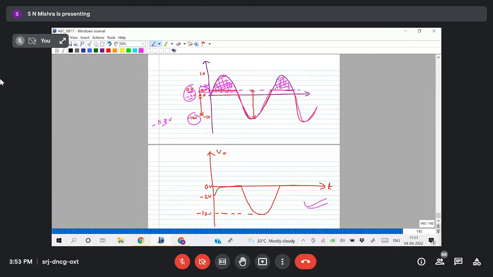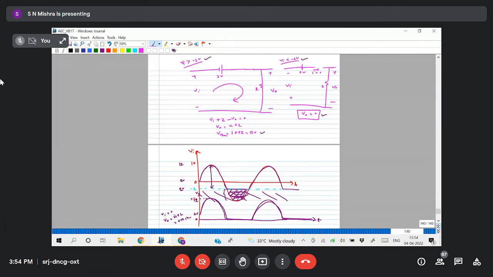And here also you have to point out the notations, like this is your T by 2 up, somewhere here you will get that one. So according to that you have to do it. This one will be somewhere here. The more you practice, the more things will be clear.